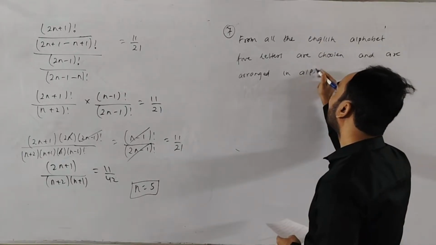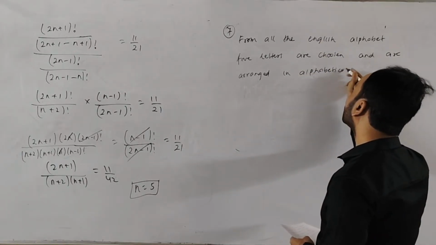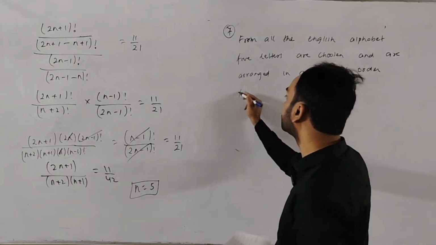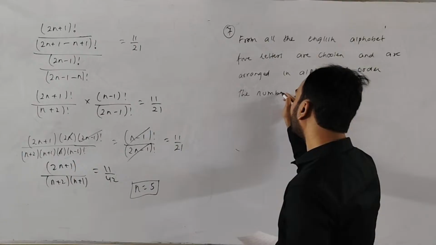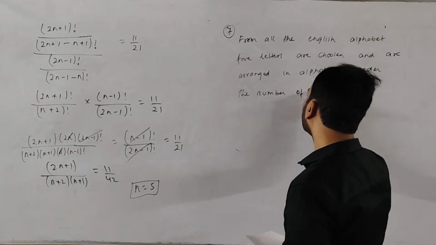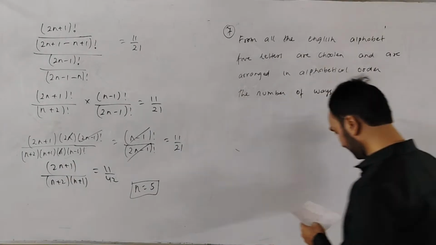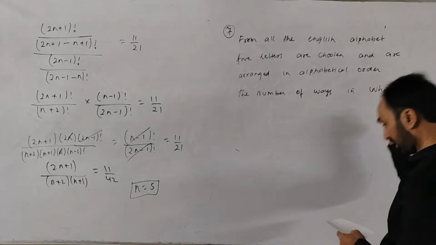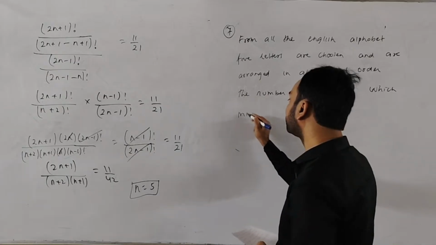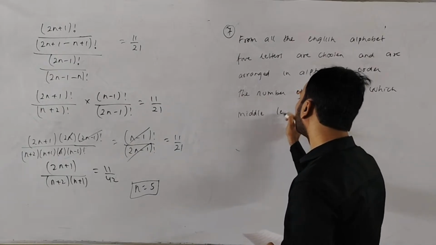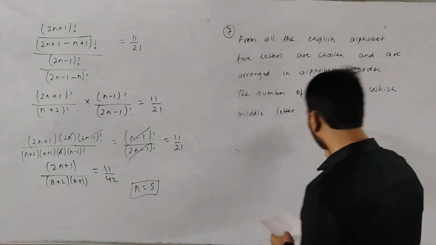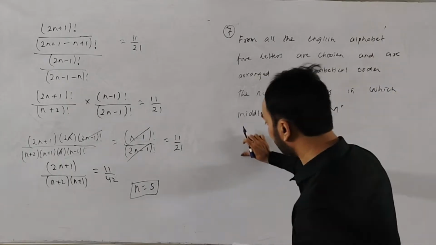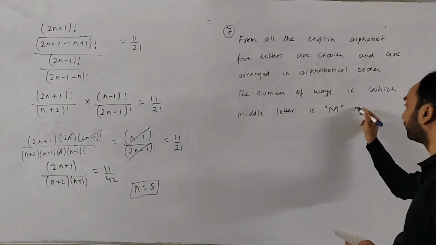The total number of ways in which the middle letter is M. Right. So the condition here is the middle letter should be M.